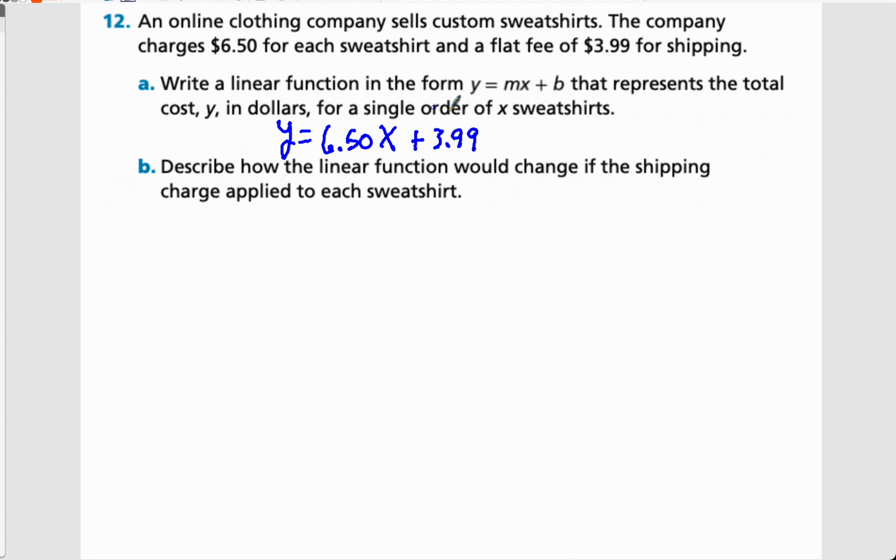So we would just add these two numbers together first before multiplying. That would not be very pretty, I predict. Your costs would go up very quickly, it would just get more expensive. You're going to add $4 to every sweatshirt. All right.